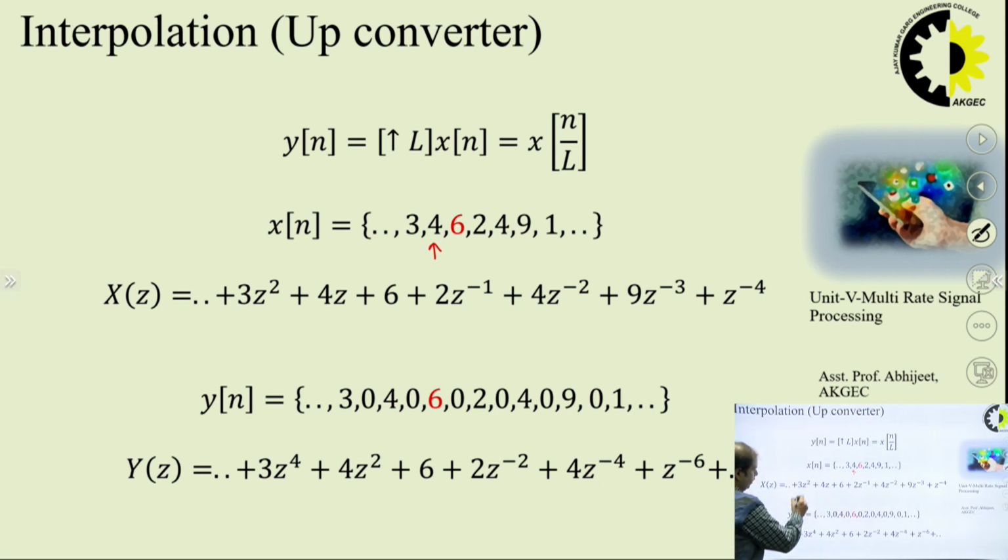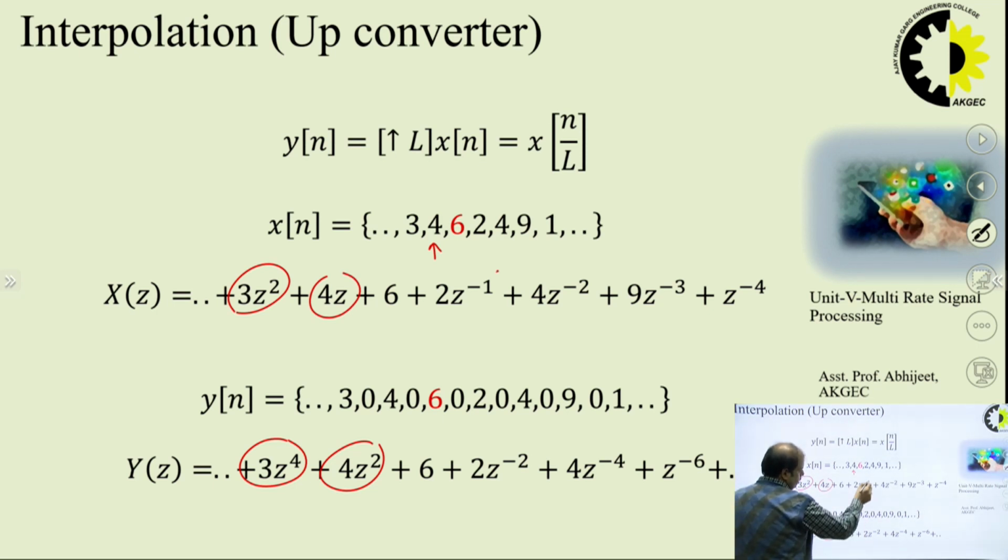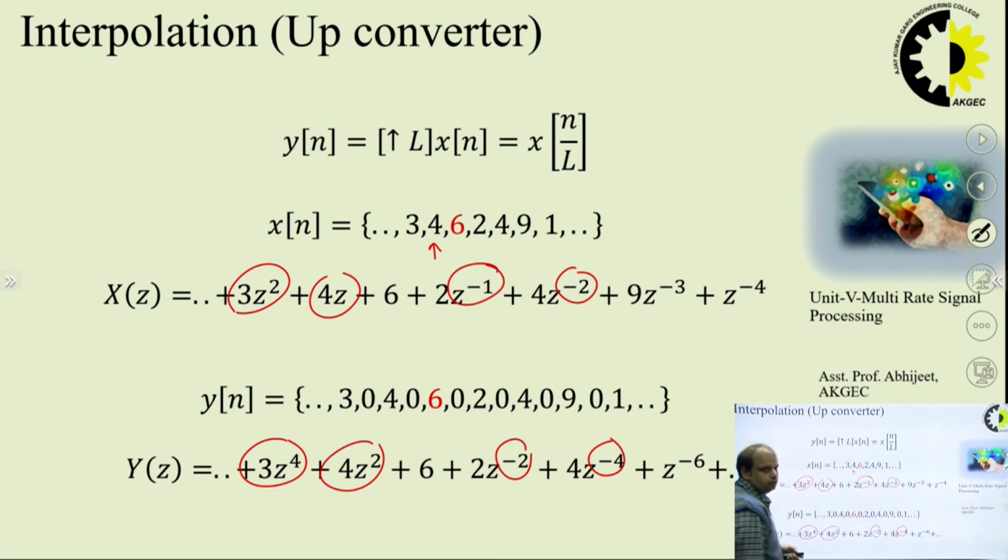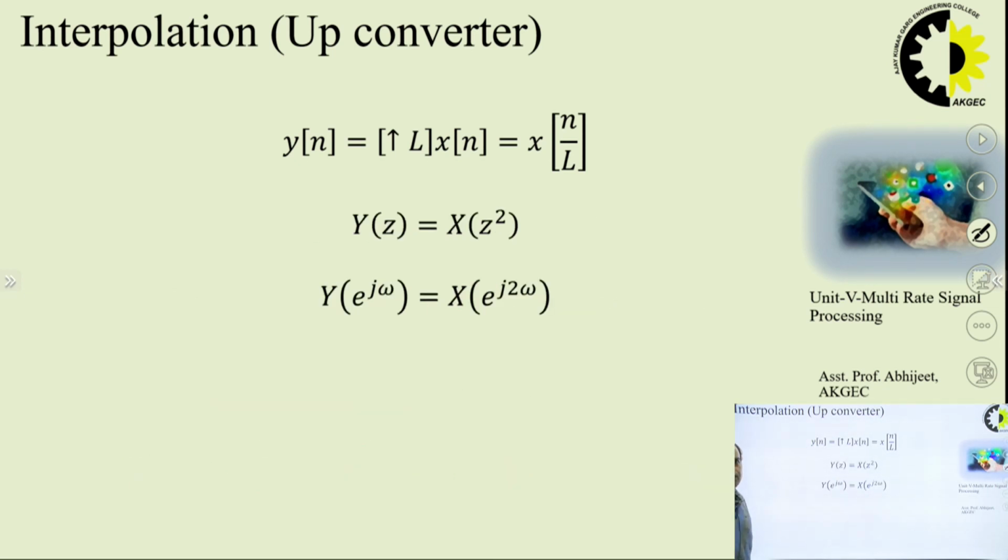Each and every power of z is doubled. Since it is 0, it does not change. The 1 changes to 2, the 2 changes to 4. So what is the relation between the two? Very straightforward. Capital Y of z can be obtained from capital X of z by placing z equal to z squared. In the frequency domain, again z is equal to e raised to the power j omega, and therefore we will have e raised to the power j 2 omega.